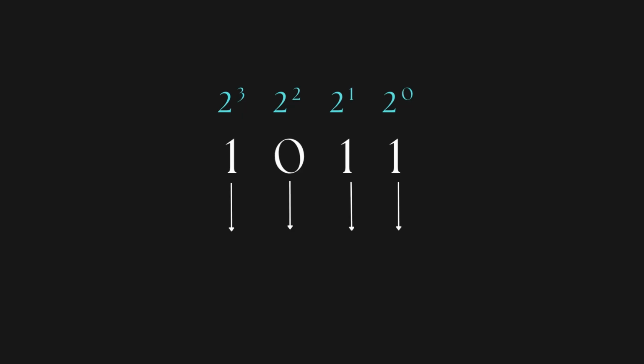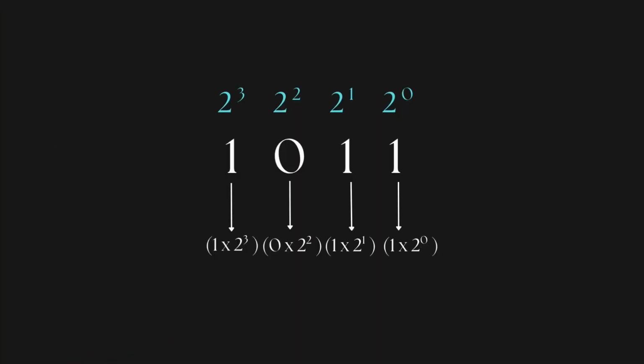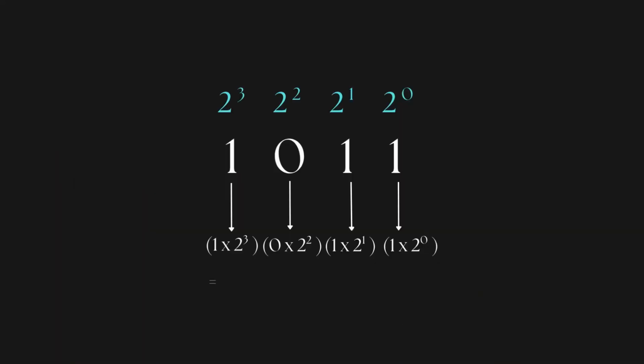So 1011 can be expanded as 1 into 2 cubed plus 0 into 2 squared plus 1 into 2 to the power 1 plus 1 into 2 to the power 0. And solving further, we get the value as 11. So in simple words, 11 is the decimal representation of binary 1011. And this is the exact process by which we convert a binary number into decimal.